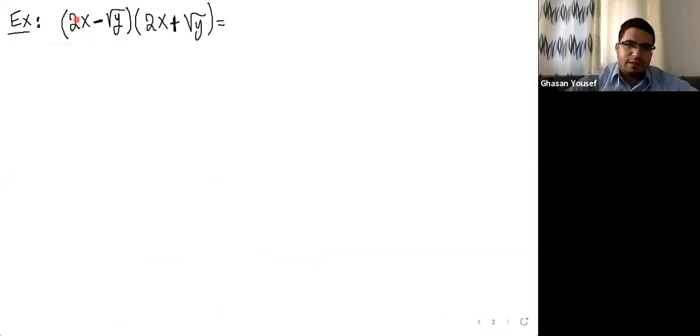So this is my a. I can set a equal to 2x, and my b is the square root of y. Then we apply the formula.